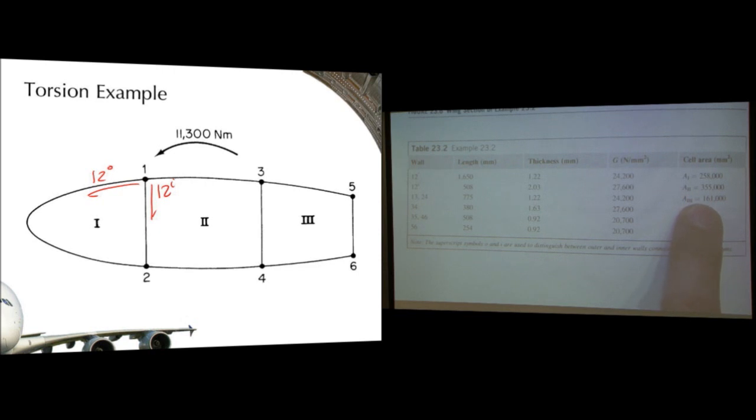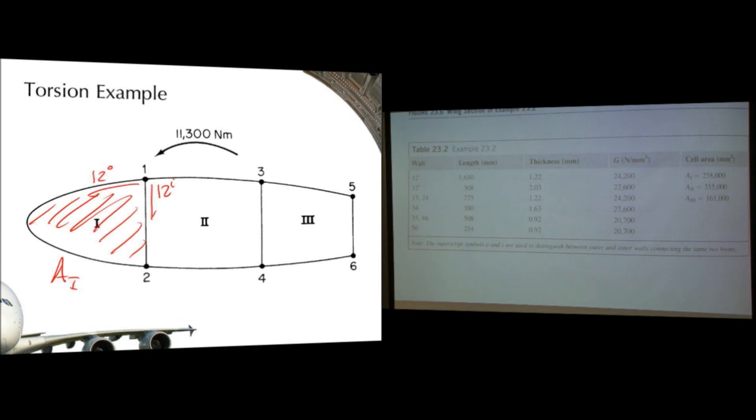Where a cell is the area inside one of these boxes. So this is AI. And the external torque that we're going to apply is shown here on this slide, which you should write down as well, which is, if you could draw down the geometry, because I'm going to move off that slide.